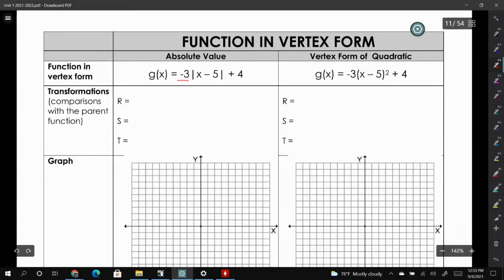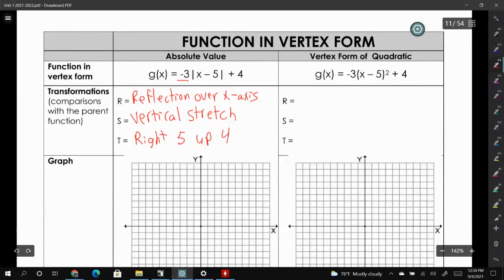Right, so we know that there is a reflection over the x-axis. We know there's a vertical stretch because our a value is 3. And our translation we know is right 5 and up 4.